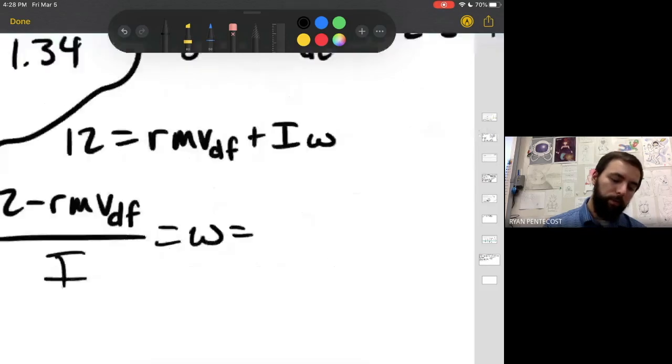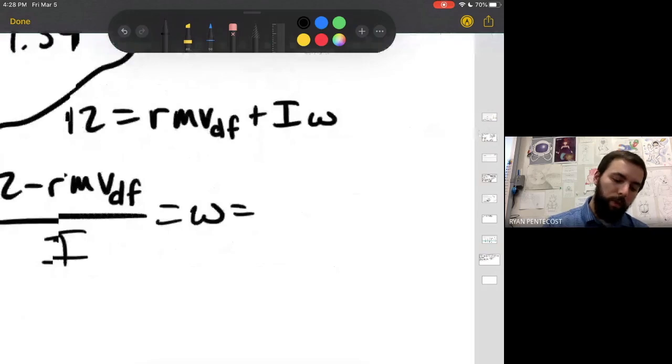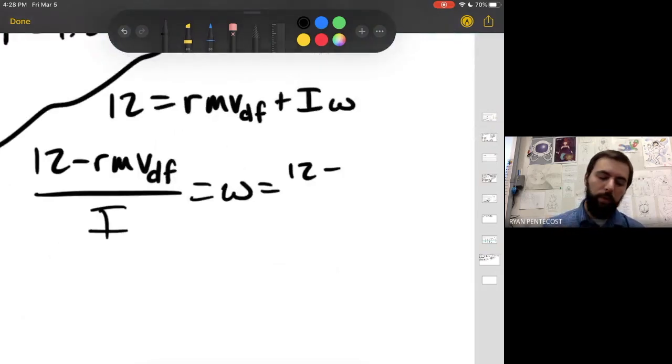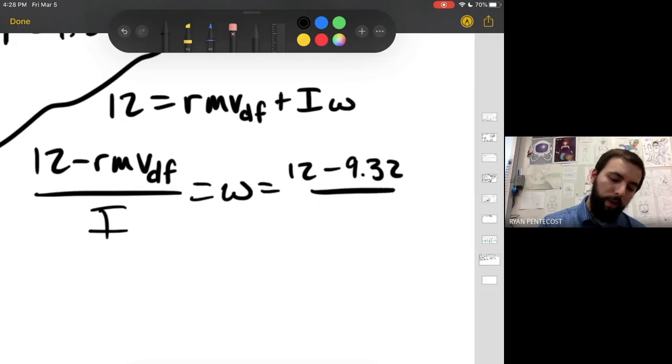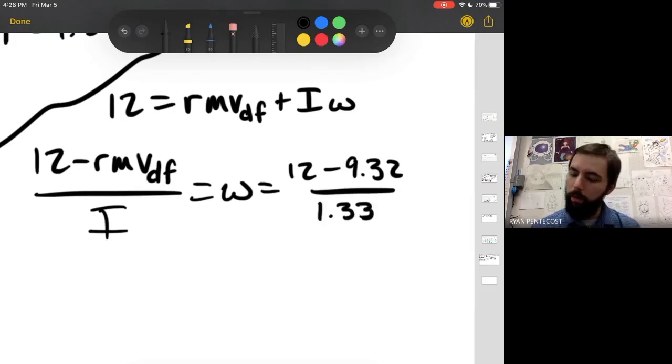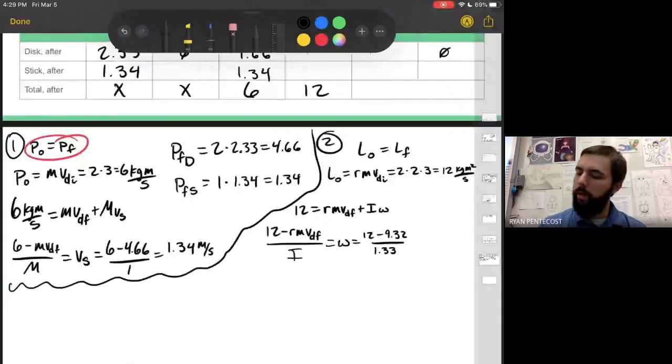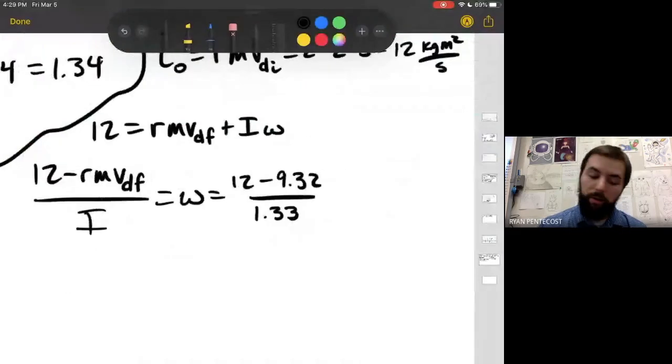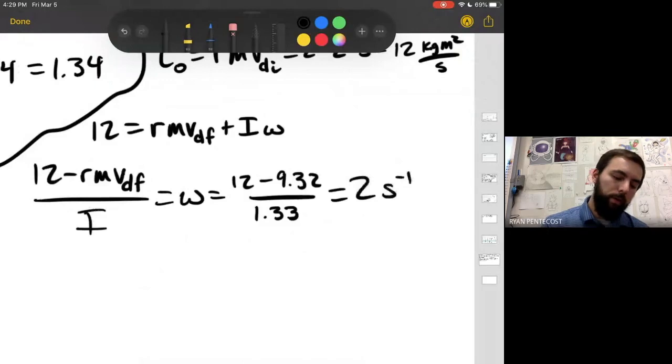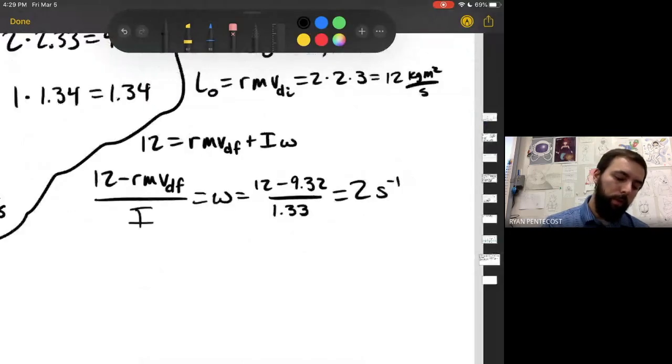So we have 12 minus 2 times 2, which is 4, times 2.33. That will come out to 9.32, divided by 1.33. Once you put that in your calculator, that comes out to approximately 2 seconds inverse. So we can go ahead and put that up here, 2.